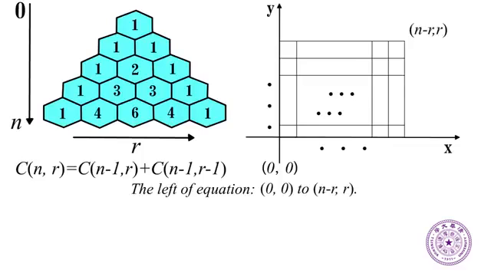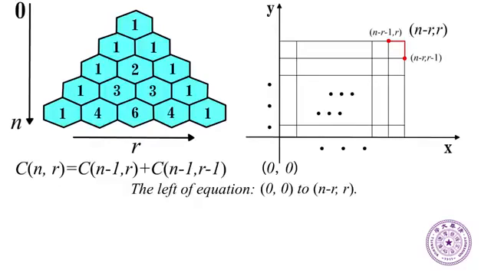On the other hand, we could classify all the routes by whether the last move is horizontal or vertical. If it's horizontal, the last point is (n-r-1, r). If it's vertical, the last point is (n-r, r-1).